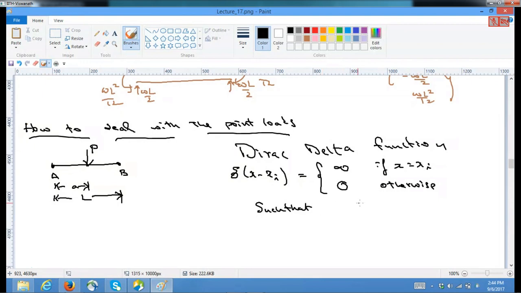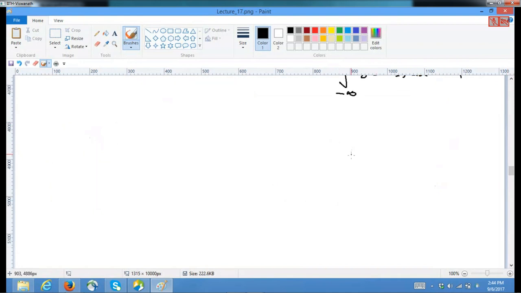So anyway, let's define the Dirac delta function such that the integral from minus infinity to plus infinity of delta(x minus xi) dx is equal to 1. Pictorially, that can be represented like this.